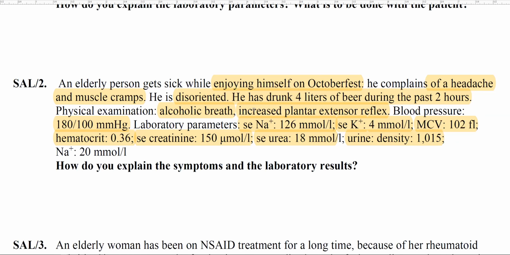To solve this problem: mannitol solution, diuretics, or if needed, hemodialysis. Okay, but this patient has chronic kidney failure as well, as can be seen based on the creatinine and urea levels and the density, because the patient cannot adjust the osmolarity of the urine. Yes, okay. Clear? Yeah. And for everybody?